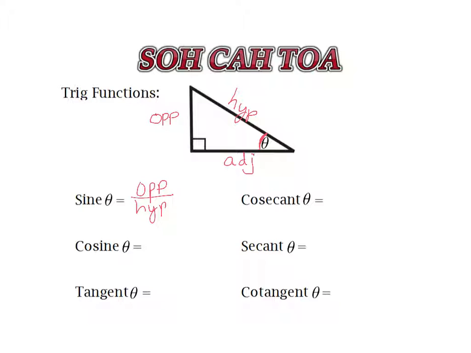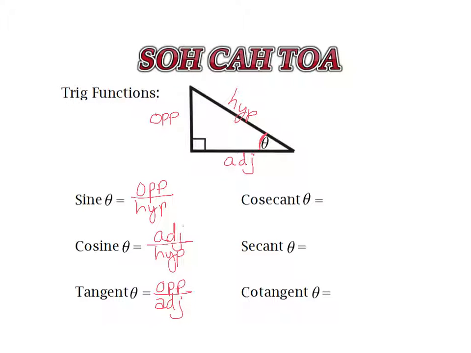If I want to look at the ratio of this leg to the hypotenuse, that has a name. That's called the cosine. That's the adjacent to hypotenuse ratio. And the tangent, if you'll recall, is the opposite over the adjacent ratio.